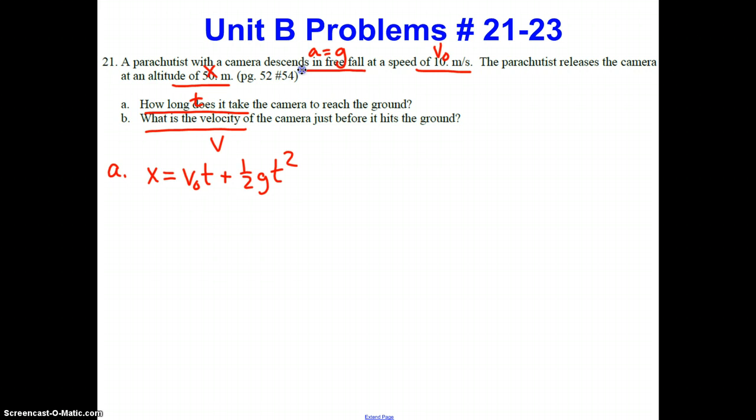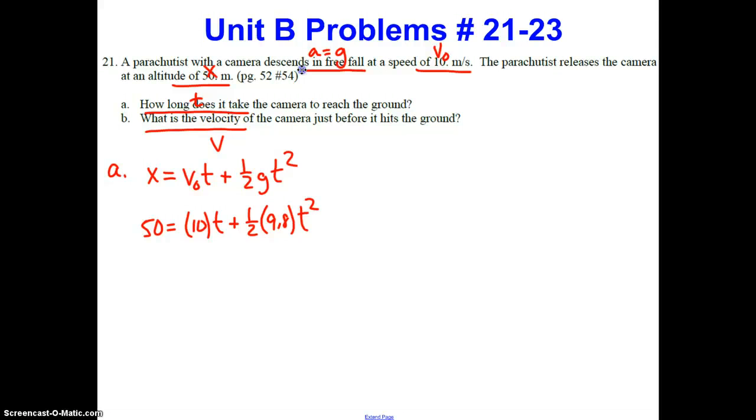G substituted for A. We go ahead and substitute. We have 50 equals 10 times t plus 1/2 9.8 times t squared.